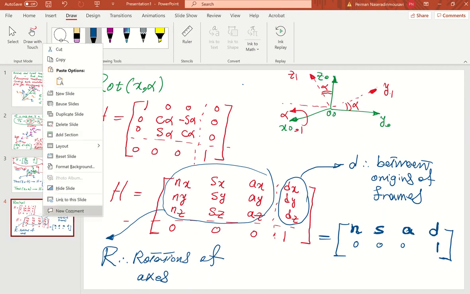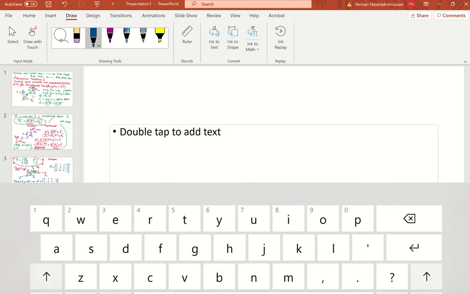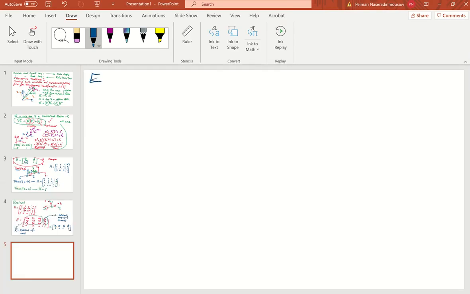Okay, let me do a general example. Example.